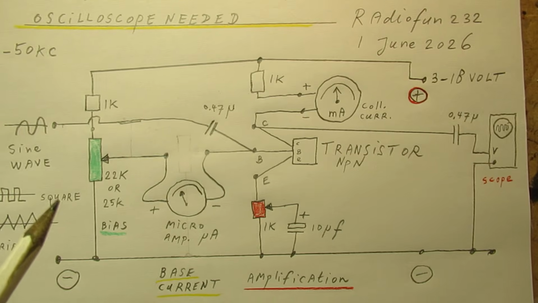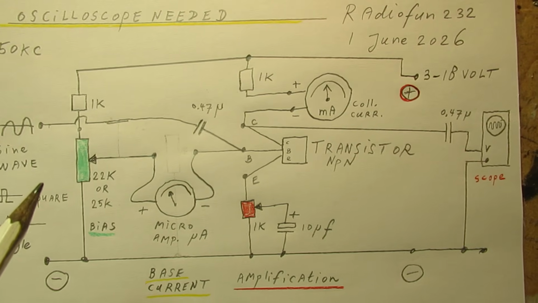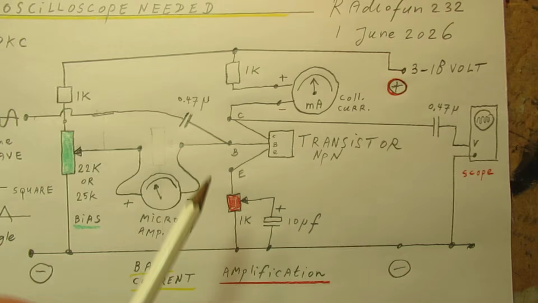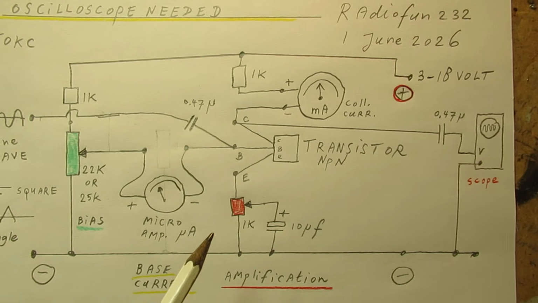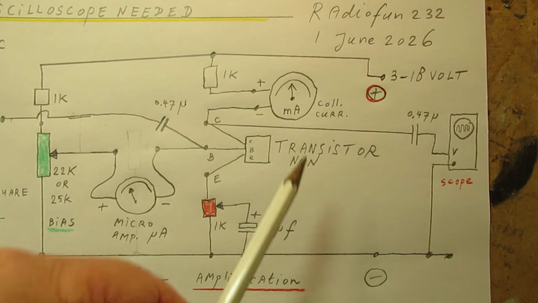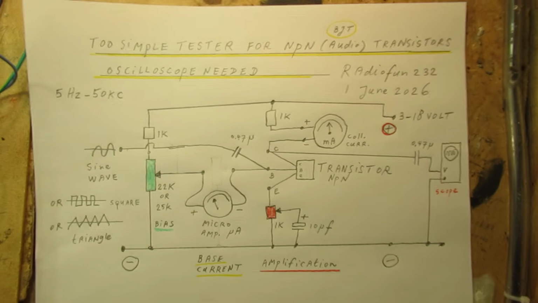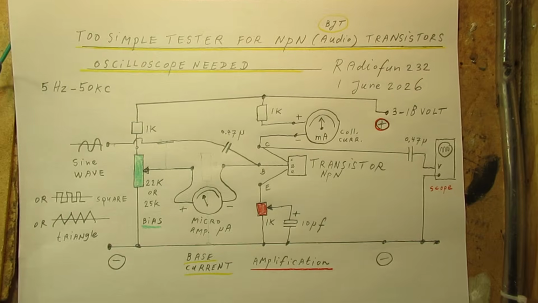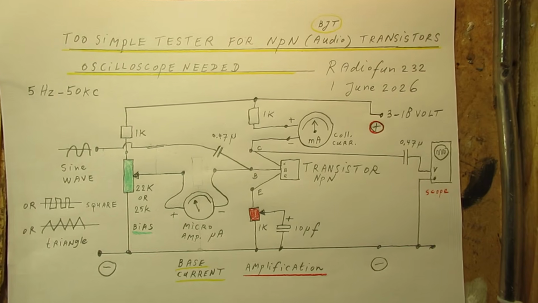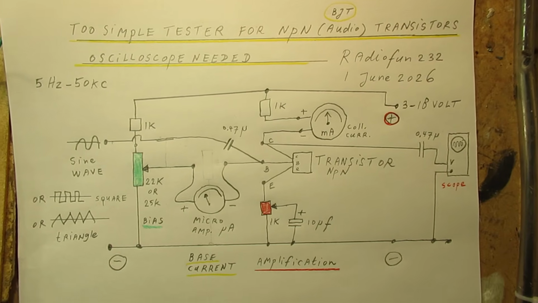And in more elaborate schematics on the World Wide Web, you also often see the base voltage here. You can also measure the collector-emitter voltage here, but that's not necessary, at least when you want to do such a basic test as this.